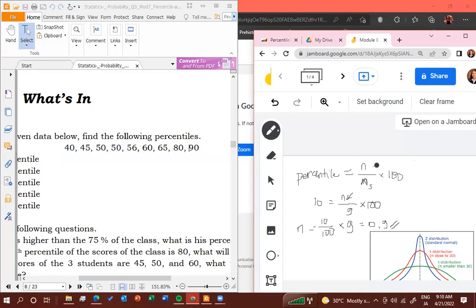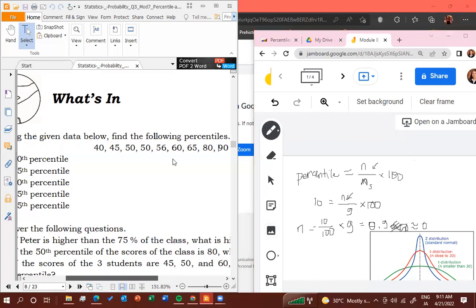Since there is no 0.9 data point, it's important that with percentiles we round down. Normally 0.9 would round to 1, but no, with a percentile we always round down. So 0.9 would be equivalent to 0.